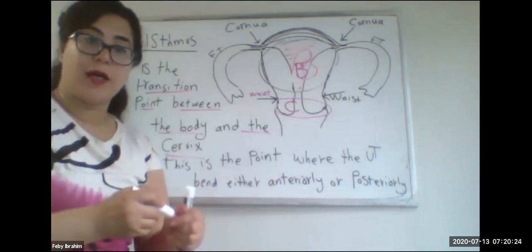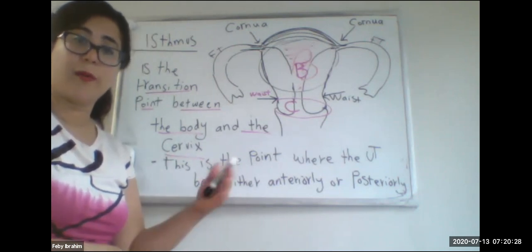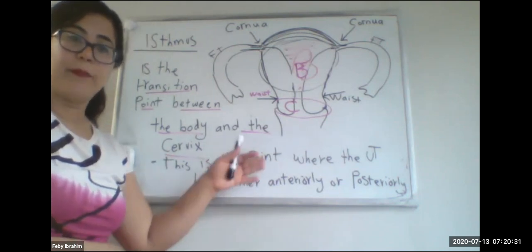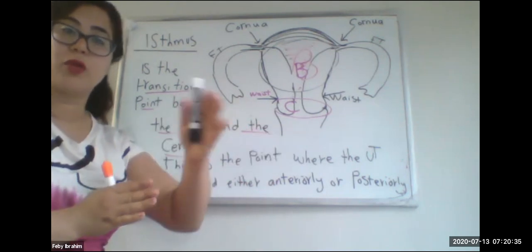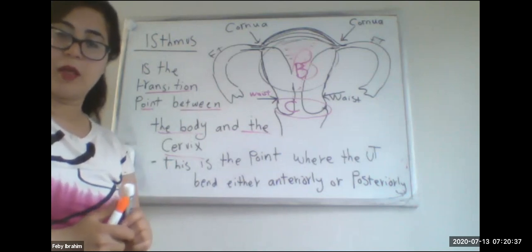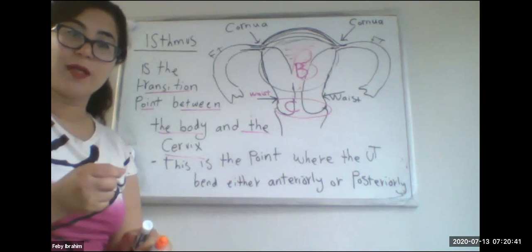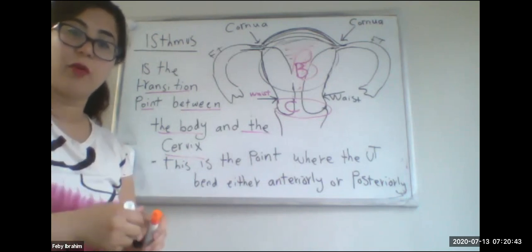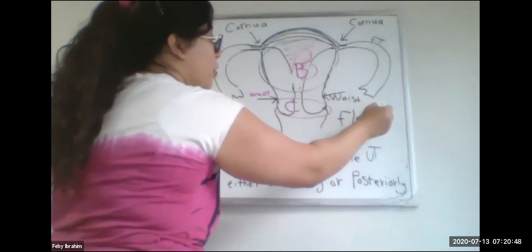So remember, guys, you're gonna understand the isthmus more when we talk about the uterine positions. The uterus may bend either anteriorly or posteriorly at the level of the isthmus. So the isthmus is the most flexible part of the uterus.